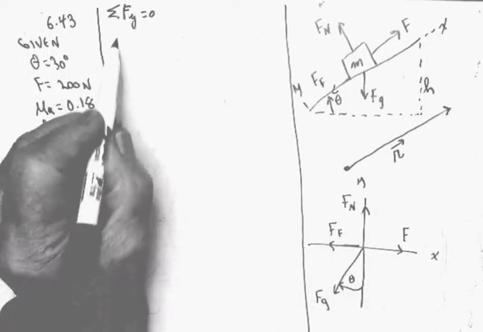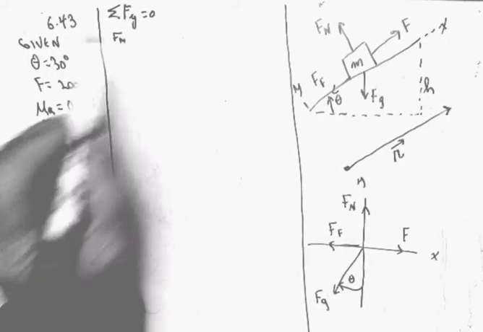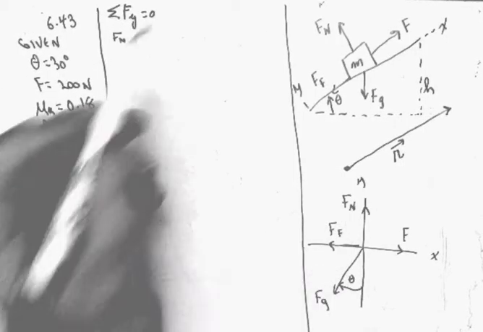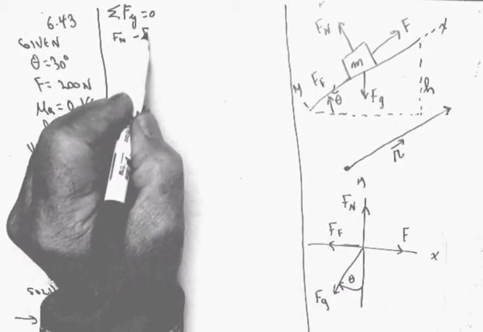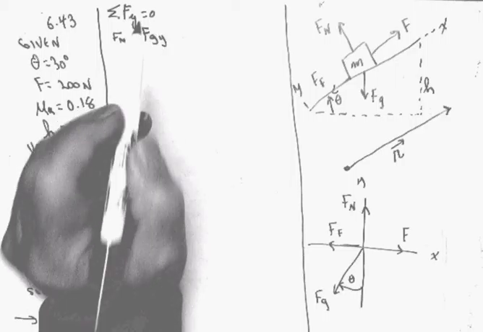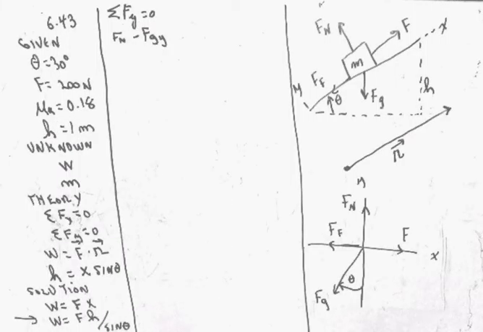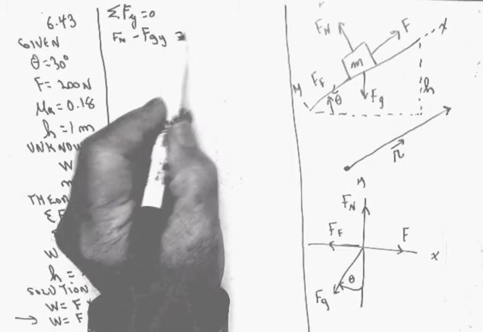Well, we've got to satisfy equilibrium in the y direction. If I do that, I'll take the normal force. Here's my free body diagram. See the normal force that has a vertical y component minus the force of gravity in the y direction. Its y component has got to be equal to 0.